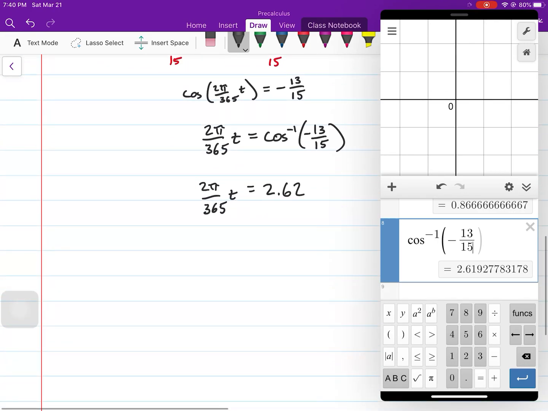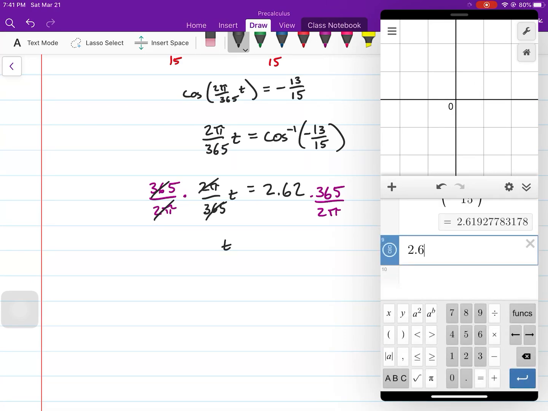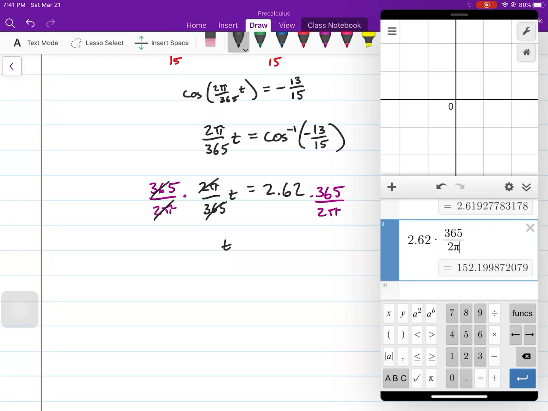So now how do we get t by itself? Well, this is just going back to some middle school algebra here. So we're going to multiply by the reciprocal. That way we cancel these out, cancel those out, and so t is going to equal 2.62 times 365 divided by 2 pi.